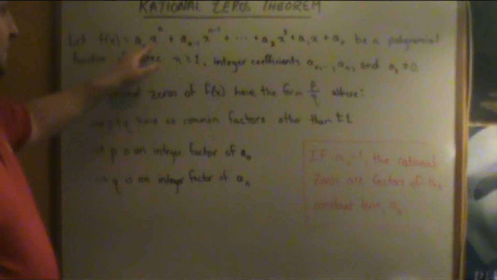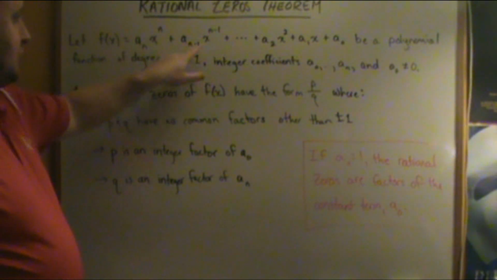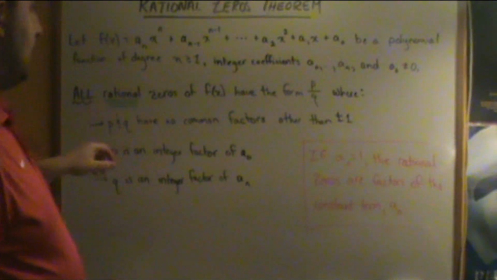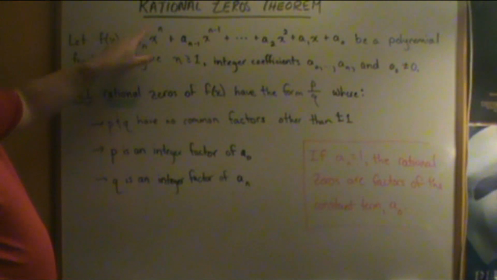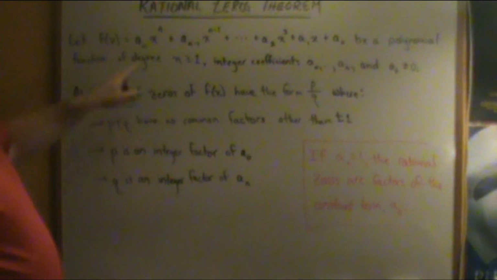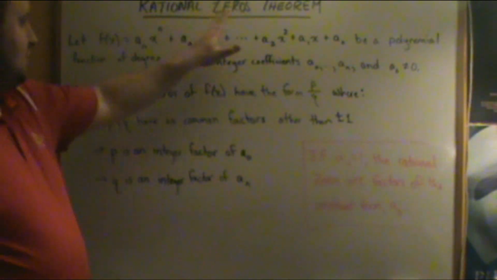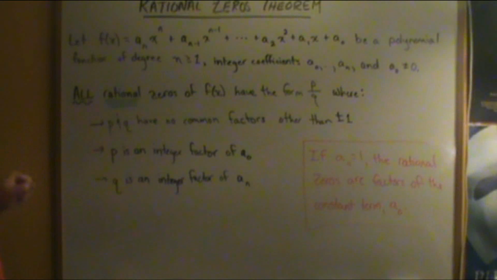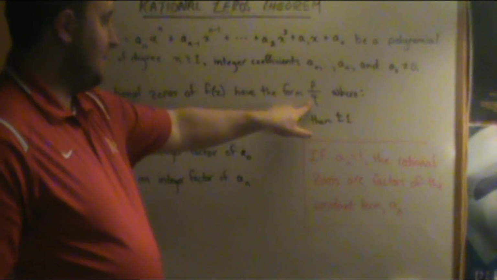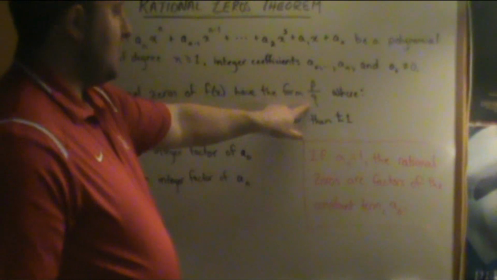If we have this polynomial function, it has degree n, it has these leading coefficients, these coefficients here, and a constant at the end. These are all integer coefficients, and this last term is not zero. Then we can find all rational zeros of this polynomial function because they're going to have the form p divided by q, where we have some stipulations on p and q.